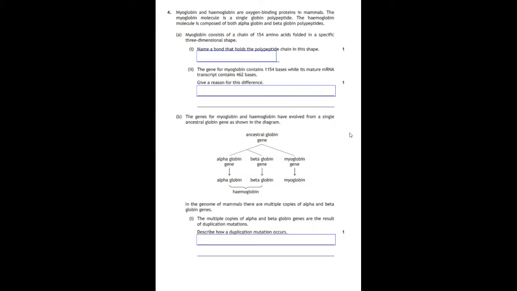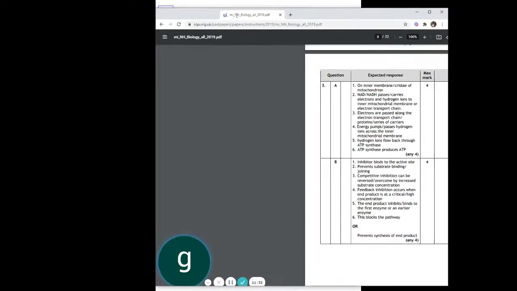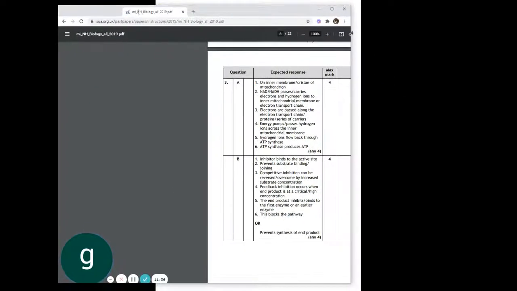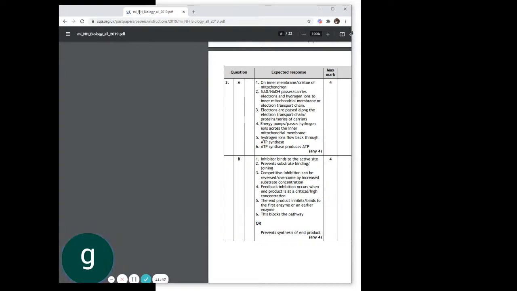For the next question, it's two choices of essays. So again, I might as well just show this. For the first essay, you have 6 marks that you can access. You can get any 4 of them. First mark, on the inner membrane or the cristae of the mitochondria. If you mention that location, you get the option of a mark.